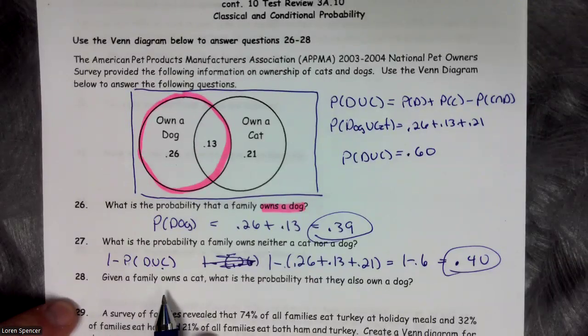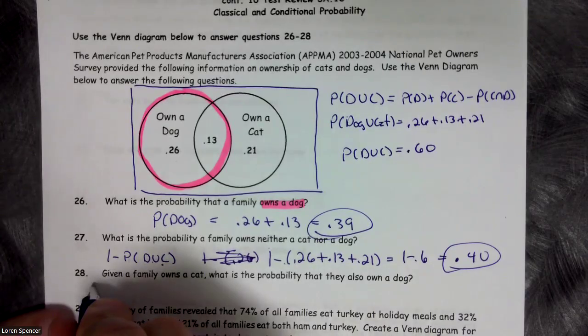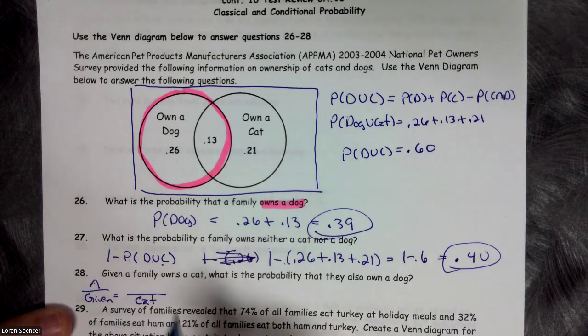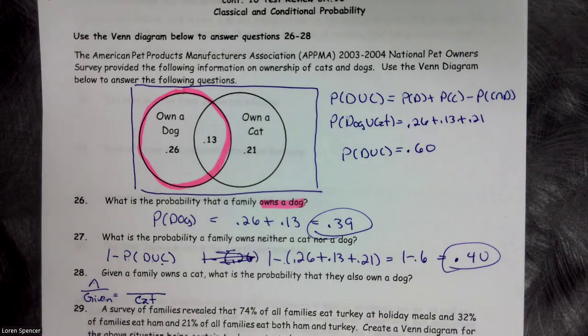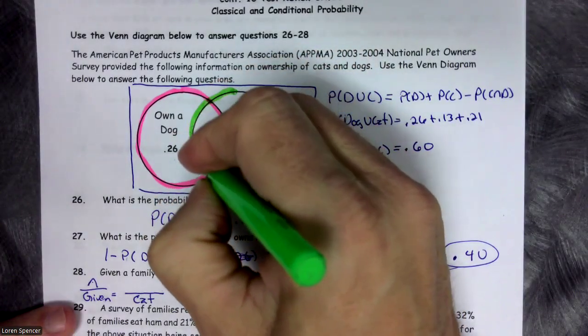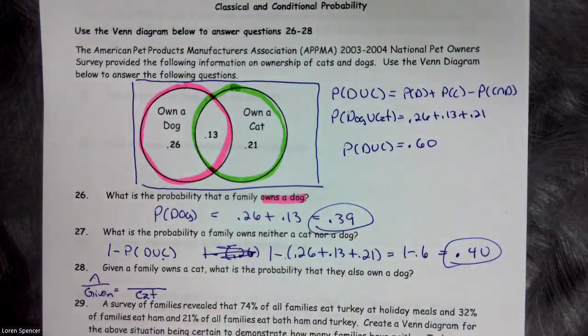Okay, next one. Given a family owns a cat. Well, remember when we say given, it's intersection over given, which in this case, what were we given? We're given that it was a cat, so we're out of the cat. But we need to figure out the probability of a cat. Well, the probability of a cat is that right there, that whole circle.